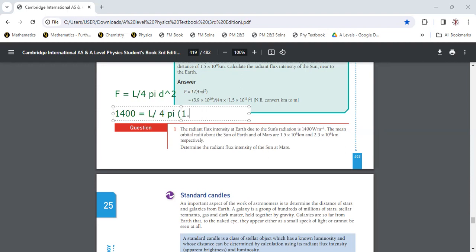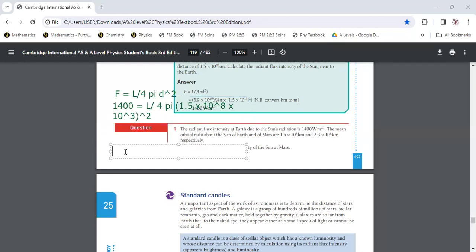Please remember to convert km to meters as it is the standard unit, and remember to put the square too. So this is the value that we are going to use for Earth to find out the luminosity of the Sun. We will get a value of 3.96 times 10 to the power of 26.